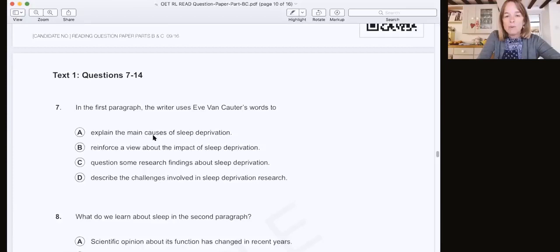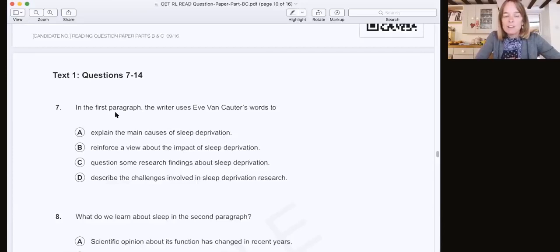It's all talking about sleep deprivation, so I don't think you would underline that, but probably main causes, explain main causes, reinforce a view, question research findings, describe challenges involved. In the exam, you've got your pen or pencil, underlining the keywords. As I mentioned, the first one is Eve van Korte, and it's in the first paragraph.